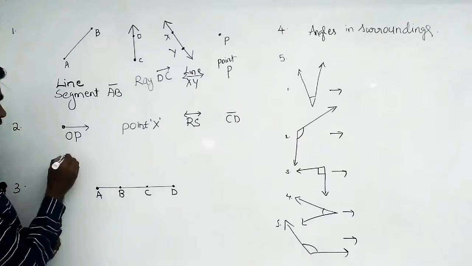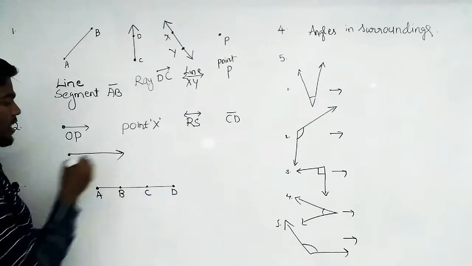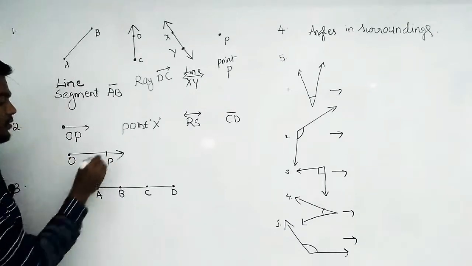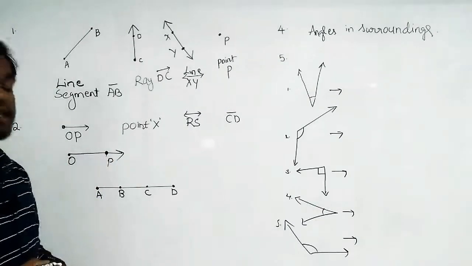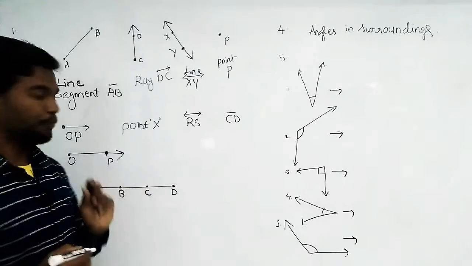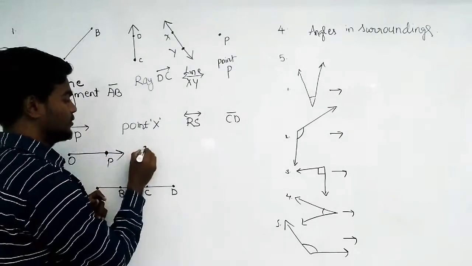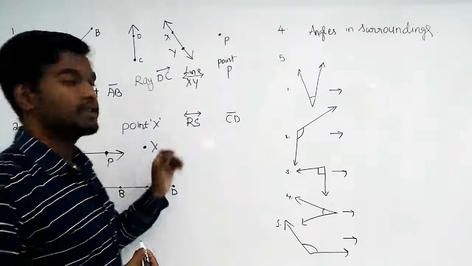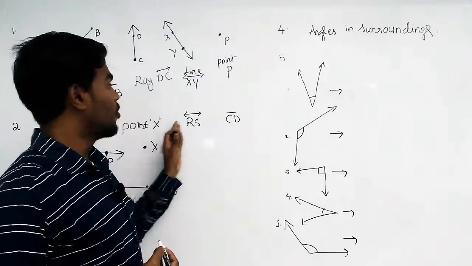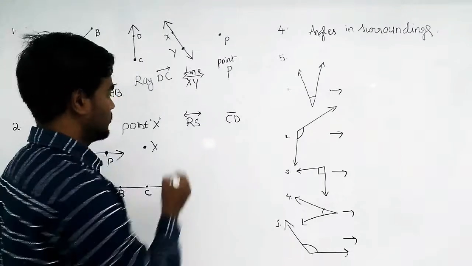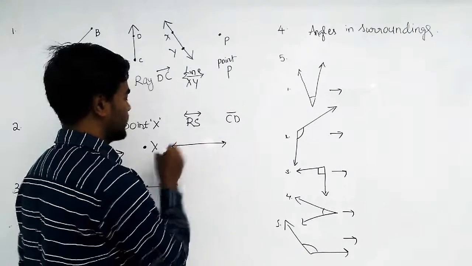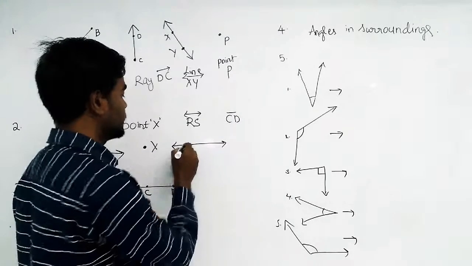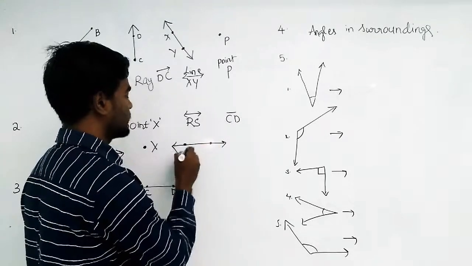So you can draw a starting point O and somewhere P. It is ray OP, and X is simply a point. RS is a line. We write it with both starting and ending arrow marks, with points R and S in between.